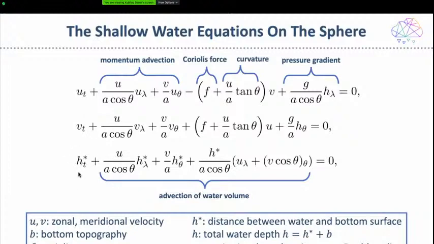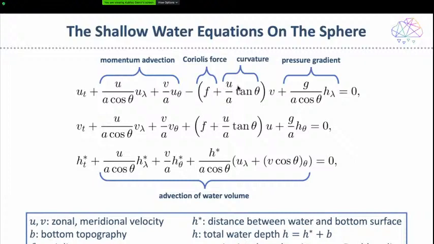And instead of a mass conservation, we now have a conservation of water volume, or in this case, this describes the sea level elevation, which implicitly describes the volume. And to briefly explain the different terms, for the U and V equations, these are always similar. The first two terms for both are the momentum advection, so momentum that is moved by the velocity field itself. Then we have an influence of the Earth's rotation by the Coriolis force.